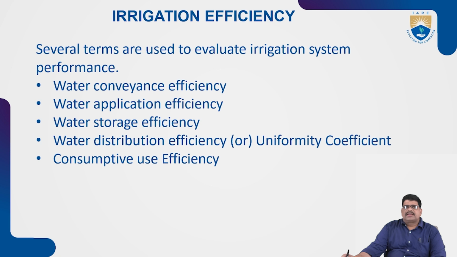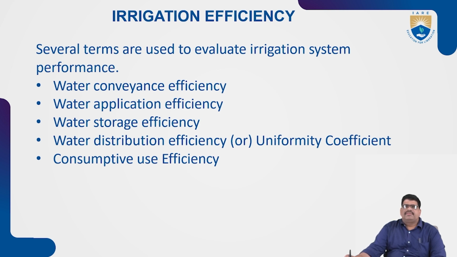The first is water conveyance efficiency, then water application efficiency, water storage efficiency, water distribution efficiency, the uniformity coefficient, and consumptive use efficiency. These efficiencies are used to evaluate the irrigation system and guide how the water can be utilized most, without losses.